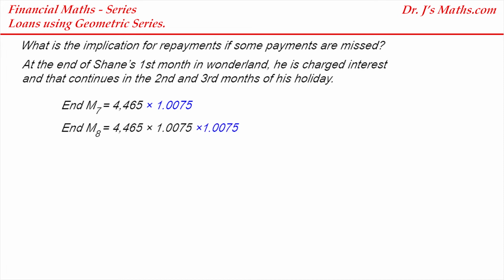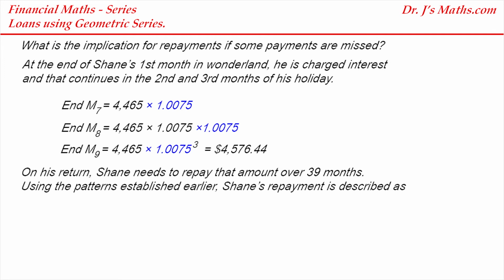On the end of month 8, we've got 2 lots of interest being charged, and at the end of month 9, we've got all 3 lots of interest. So his balance now has increased to $4,576.44. So on his return, he needs to repay that over 39 months, because that's the balance of his 4-year loan.